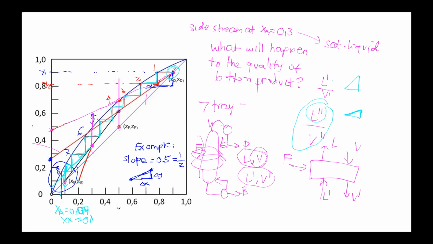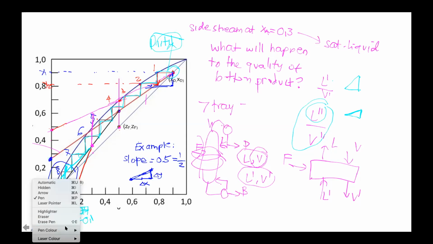The product that we want is not the bottom product, but the distillate. This is the product that usually we want to sell. I want 95% purity of ethanol. So this is the main product.